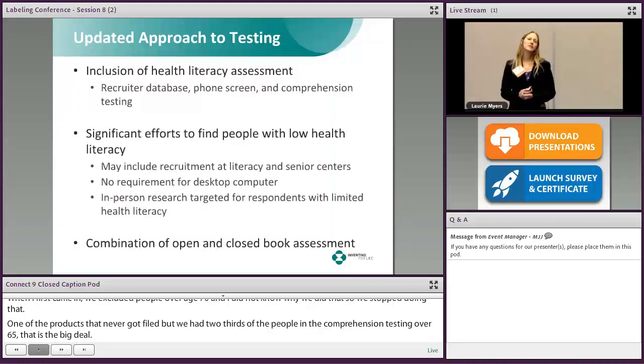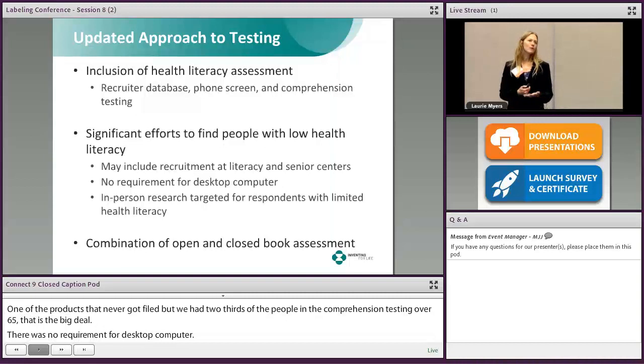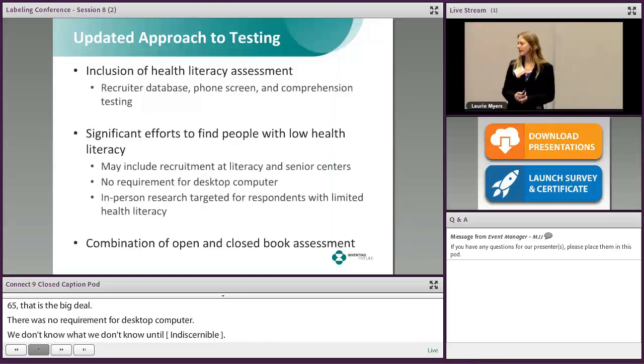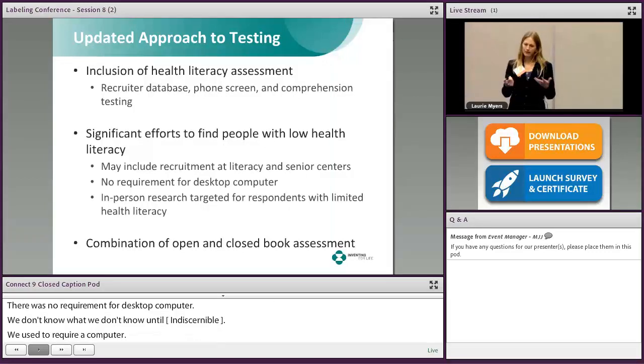And so, no requirement for desktop computer. Again, we don't know what we don't know until you start to ask. We used to require a desktop computer. Well, if you think about low socioeconomic status as a risk factor for low health literacy, people generally have their smartphones. They're less likely to have desktop computers, and so we were inadvertently excluding people from lower socioeconomic statuses, at least some of the time.